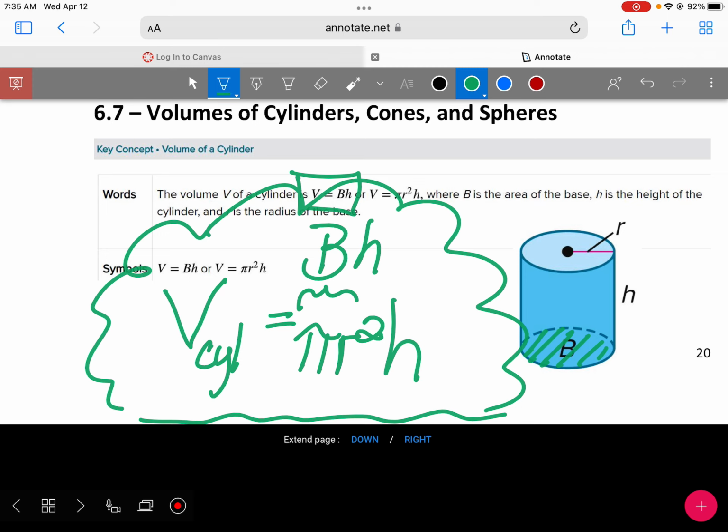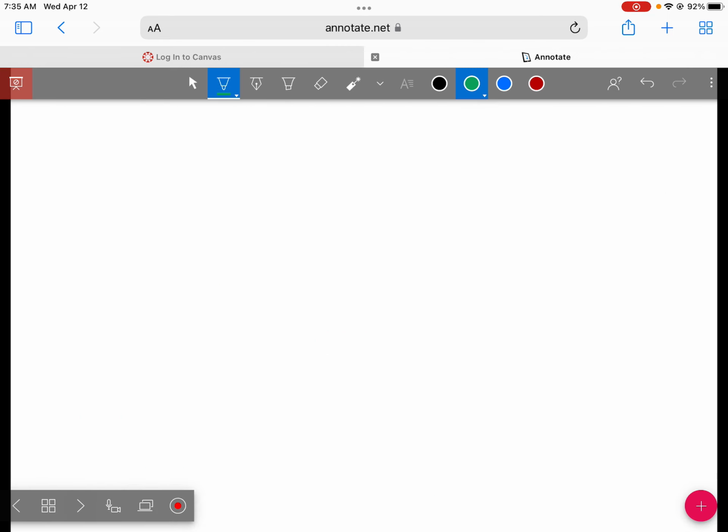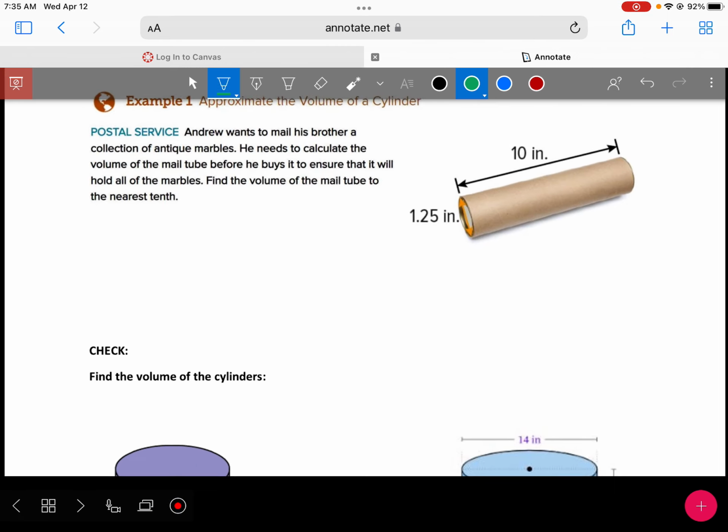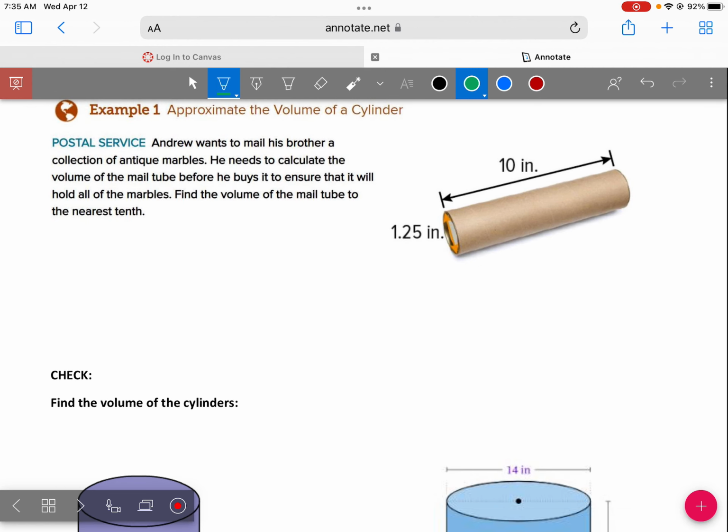All right, so let's go to the next page, page 30, and put some numbers to use. Yes? What's the difference between volume and area? Volume is three-dimensional, and area is two-dimensional.